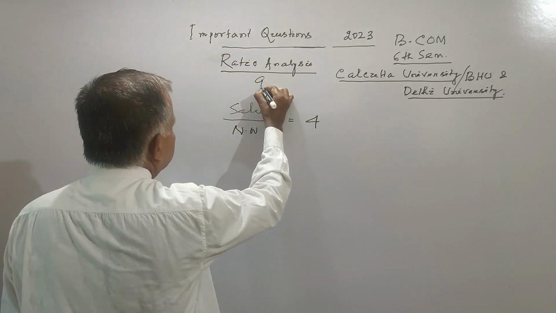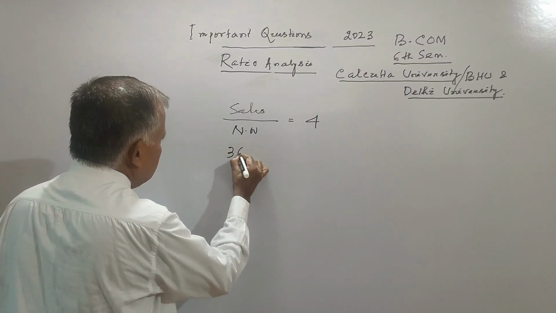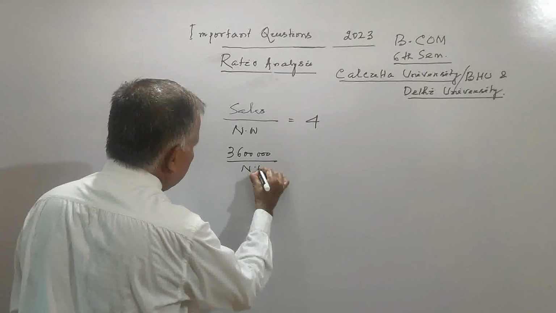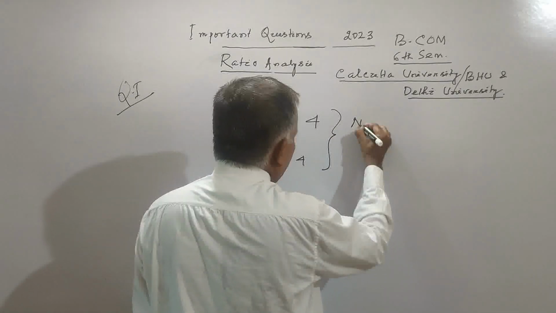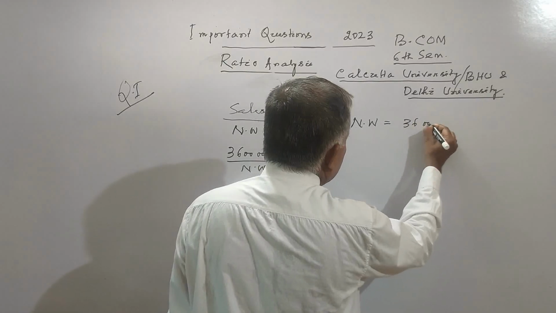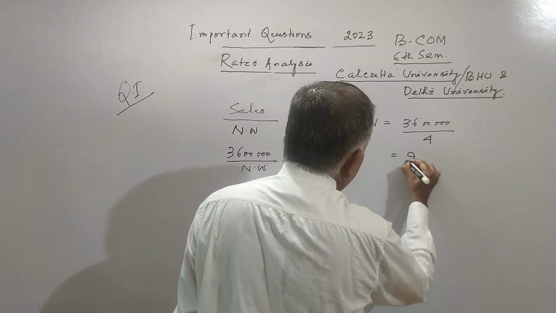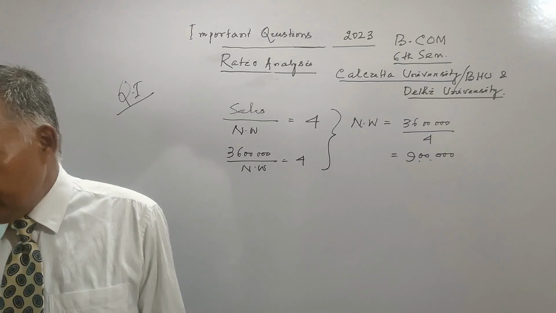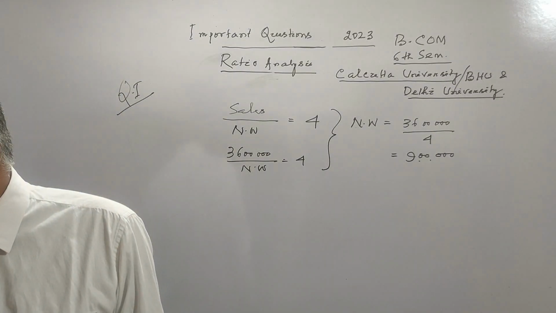Now this is sales 36 lakh divided by net worth equal to 4, and net worth is equal to 36 lakh divided by 4 equal to 9 lakh. So friends, this 9 lakh is the net worth of the business.